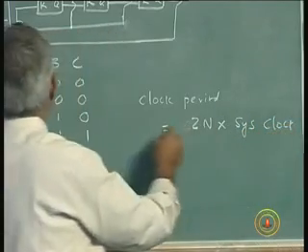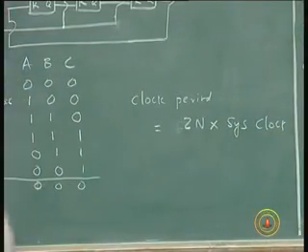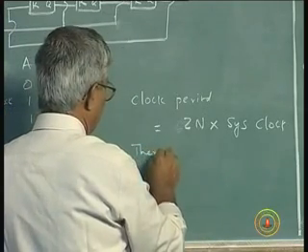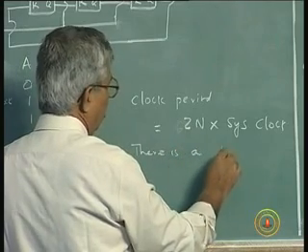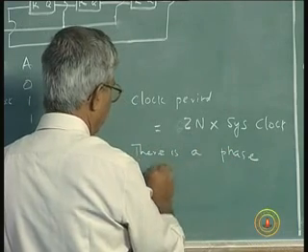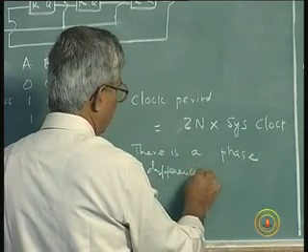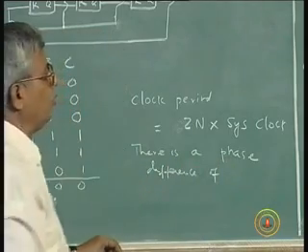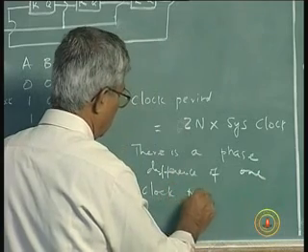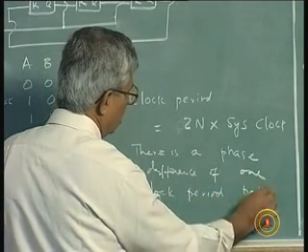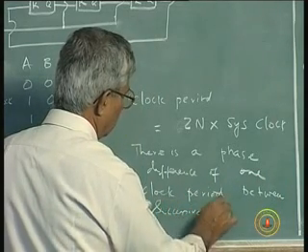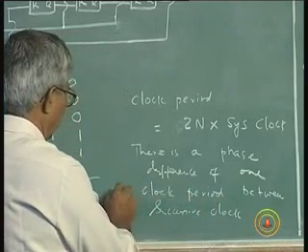We'll call this the system clock. And there's a phase difference between 2 successive waveforms of 1 original clock period between successive clocks.